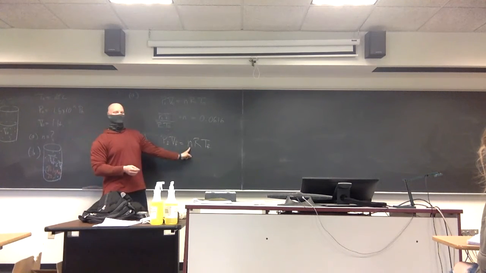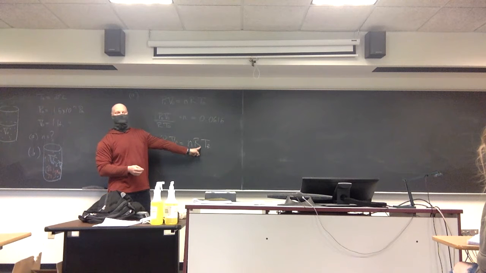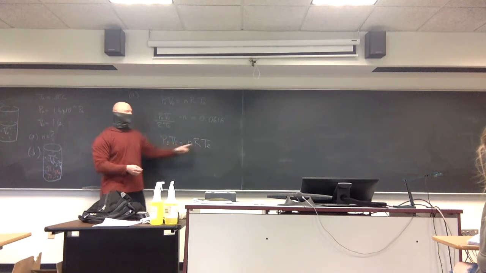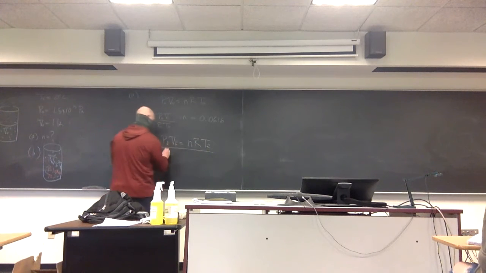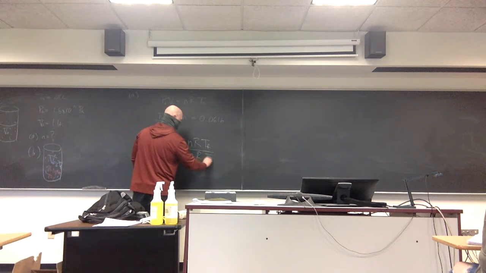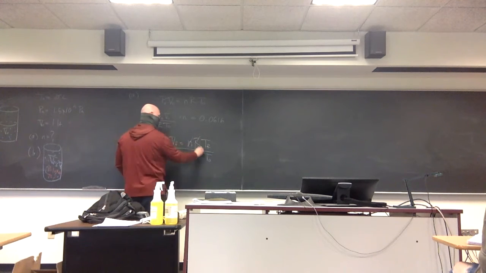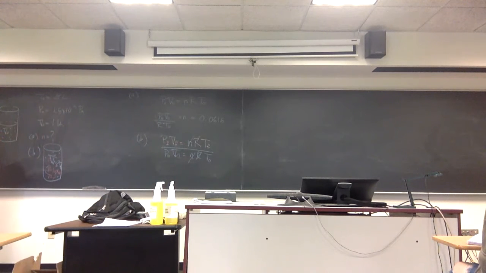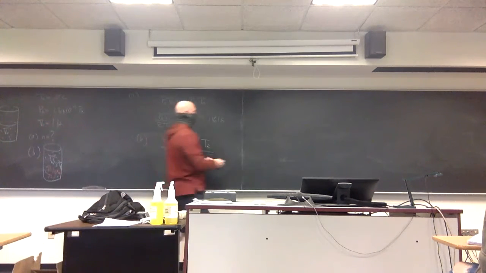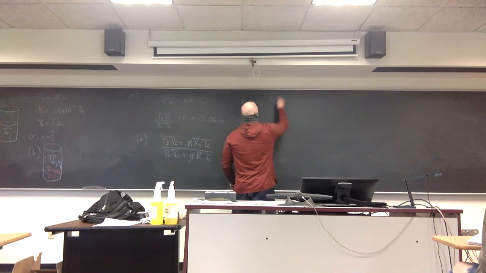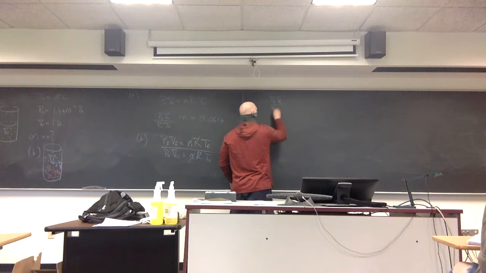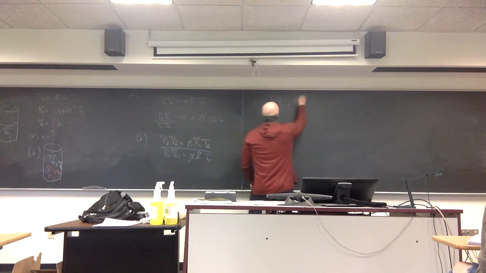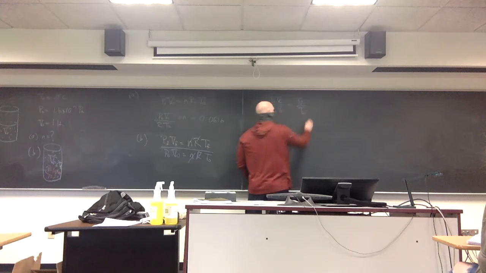That way I don't need to know the number of moles, and I also don't have to play around with the universal gas constant. So if I simply divide this by the initial state, these guys are going to go away, which leaves me with a ratio. So in this case, what must be true is that the final pressure times the final volume divided by the initial pressure times the initial volume must be equal to the final temperature divided by the initial temperature.